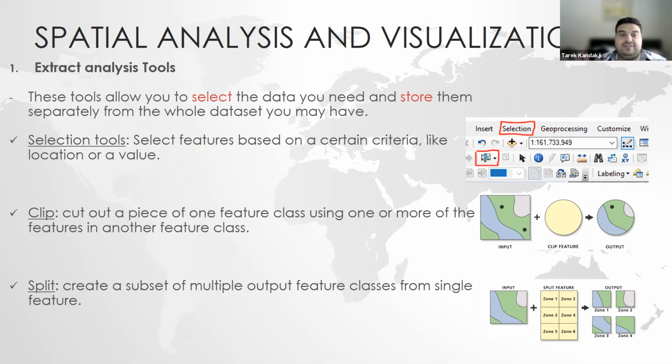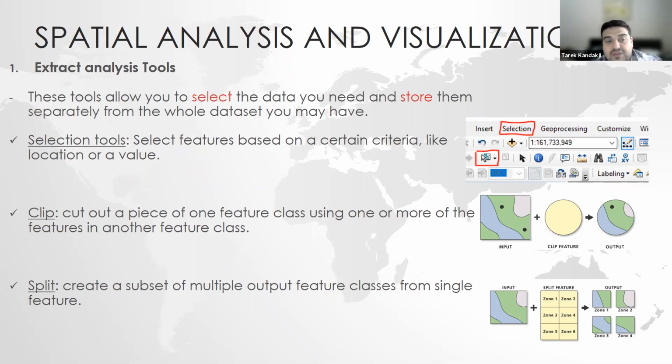So you make a selection based on a query, like a sentence query in Python or any type. We will see how to do it. Or it's going to be select by location. You say, okay, I want, let's say, all the roads that are located in Egypt only. Let's say you have a roads data set for all Africa. You don't want that. So you tell GIS, select me the roads that are located inside Egypt. It will select them automatically for you, and then you can export it and save it elsewhere.